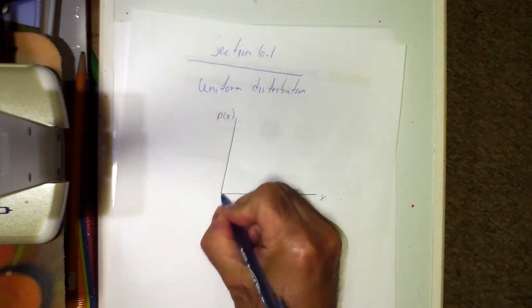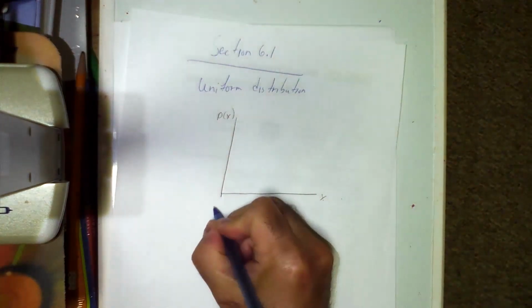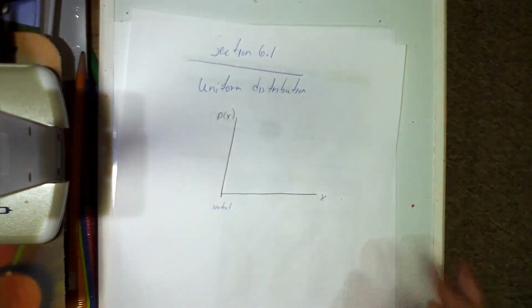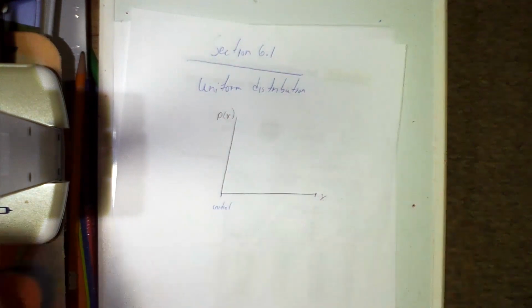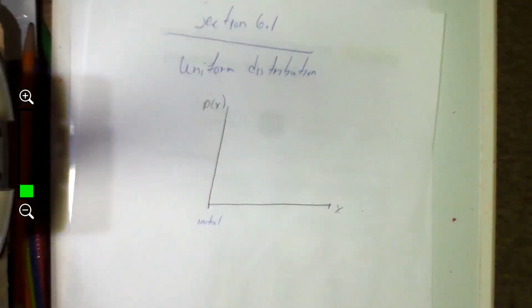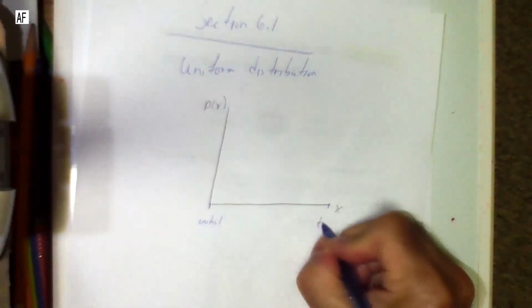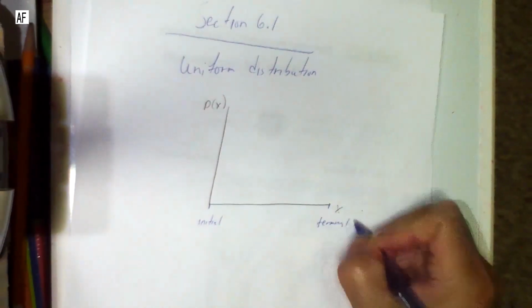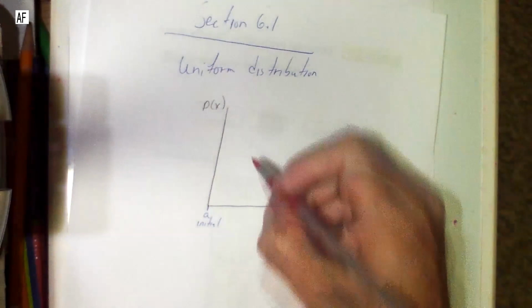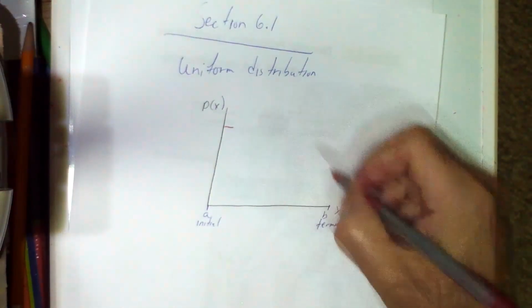The graph begins here at the origin, and we call it the initial point. And over here at the end is called the terminal. We label it A is your initial, B is the terminal. Graphically, the shape of the graph goes like this.